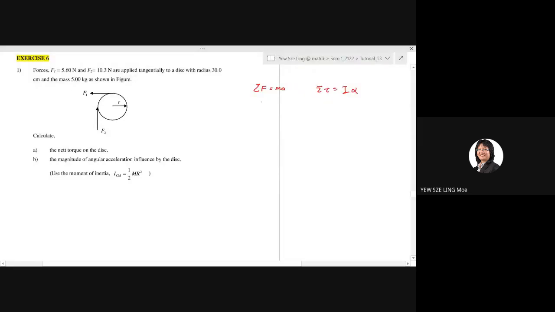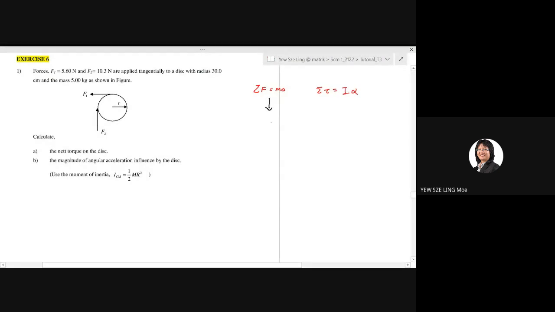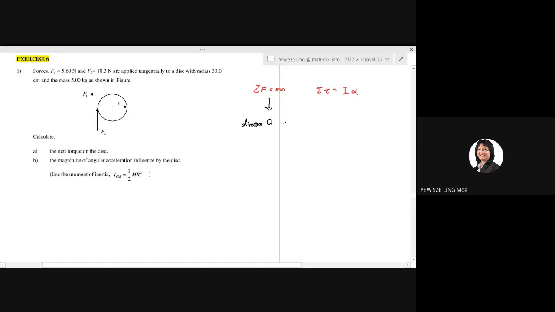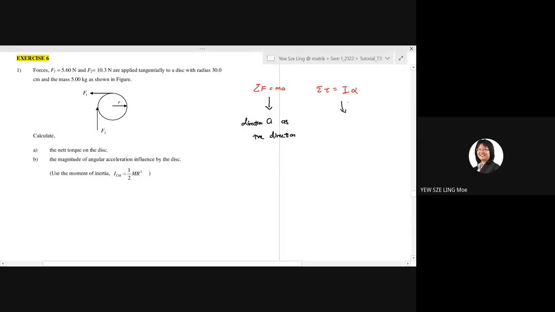In Newton's second law, we determine the direction based on the sign convention of a. We take the direction of a as the positive direction. And now when it comes to summation torque, we are not looking at the direction of alpha.